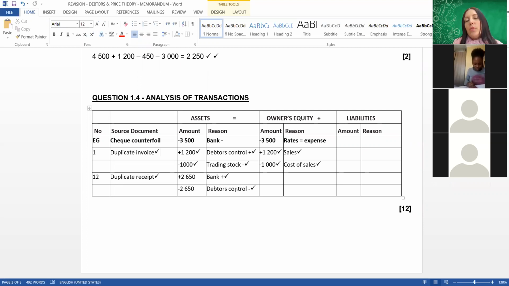But if you can manage with this, then you can pat yourself on the back and say that you are on par and that you understand the work. Please let me know if there's anything that's unclear. Your answer sheet also didn't have the cost of sales in. I actually wanted to put that in, but that might confuse you.